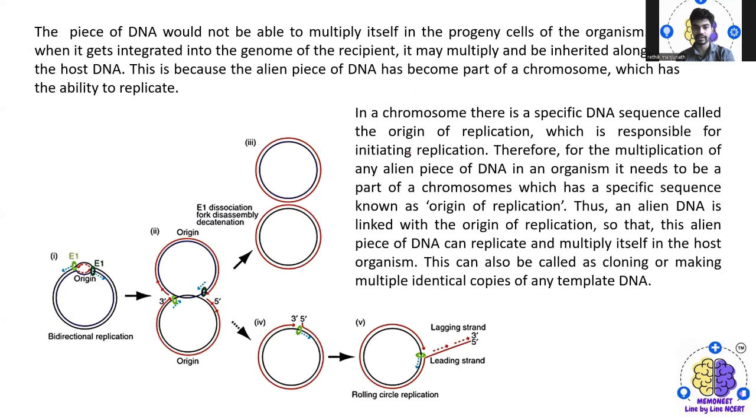One thing we need to know here is how this works. For example, if you take a piece of DNA, it would not multiply itself in a progeny cell of an organism. But when a piece of DNA is inserted into the genome of the host, it may multiply and be inherited along with the host DNA. So if you take a DNA and expect it to multiply, it won't.